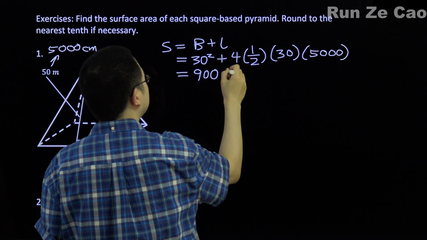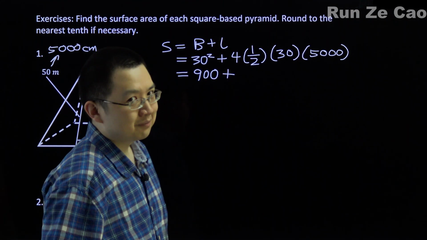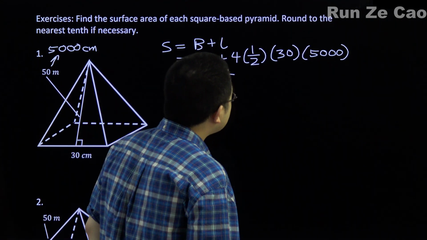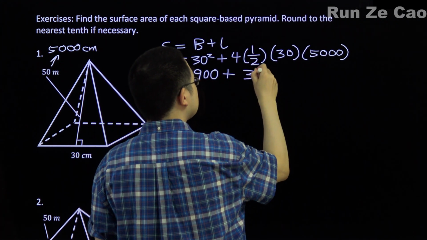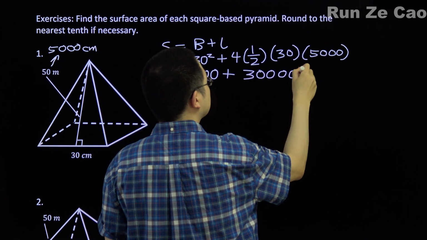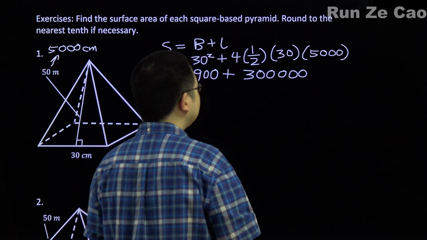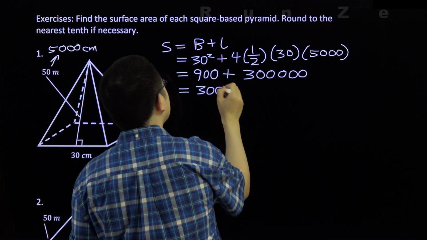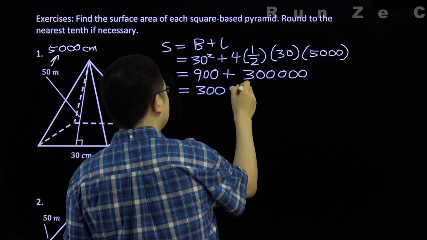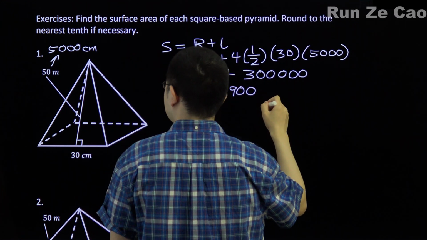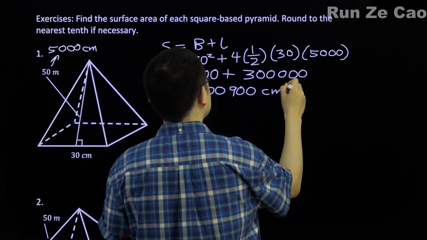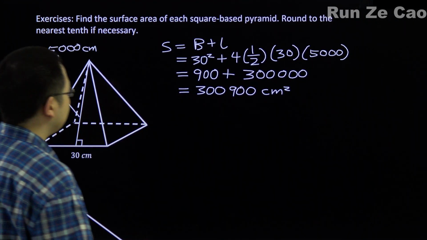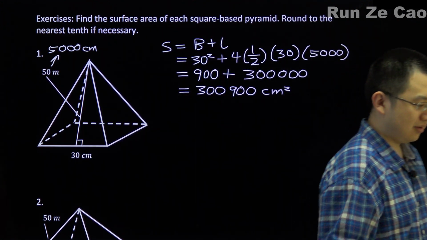There's 900 plus 2 times 5,000, so 10,000 times 30, so 300,000. This is 300,900 centimeters squared. That is the surface area of this square-based pyramid.